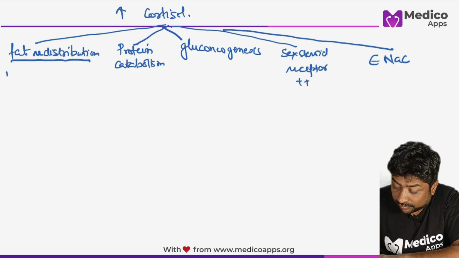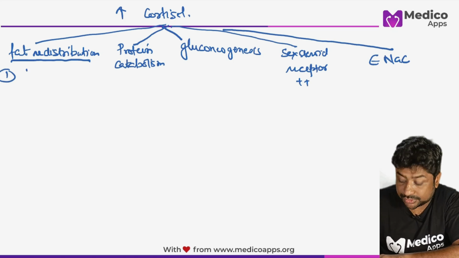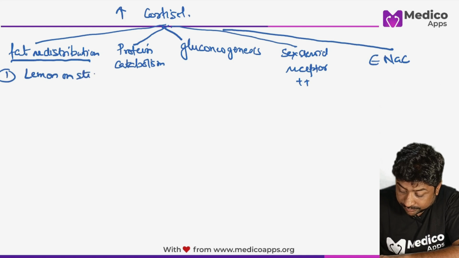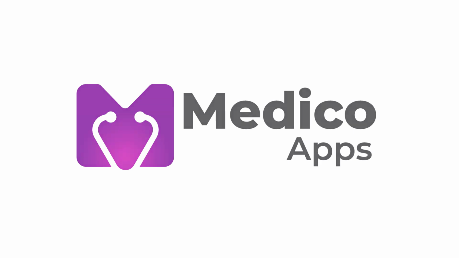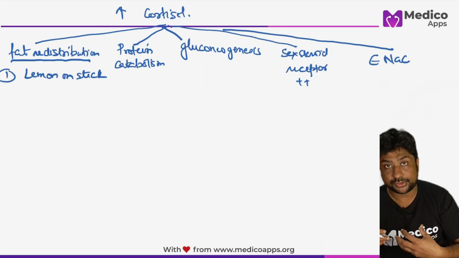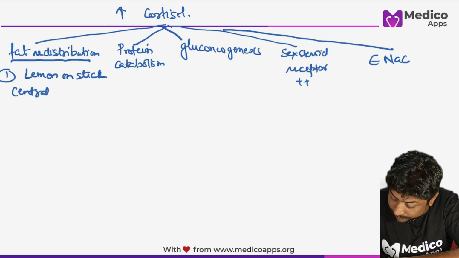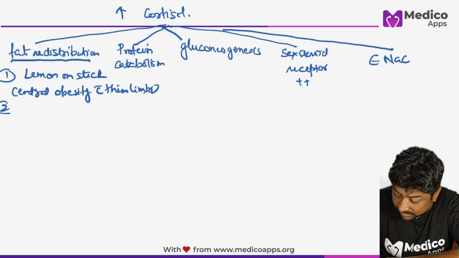So what will happen because of fat redistribution? One important thing with fat redistribution is the lemon on stick appearance, which means there is a centripetal fat distribution. So central obesity with thin limbs.